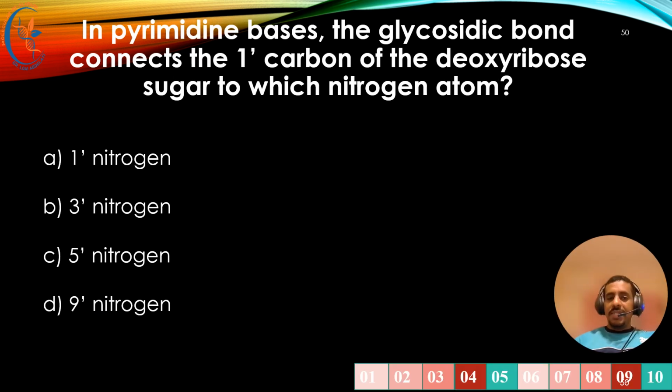In pyrimidine bases, the glycosidic bond connects the 1' carbon of the deoxyribose sugar to which nitrogen atom? You have 10 seconds.